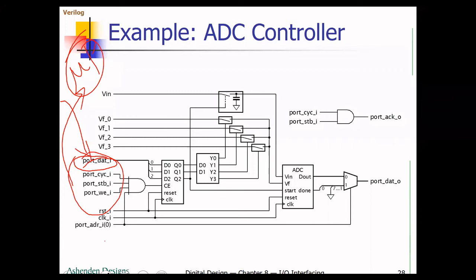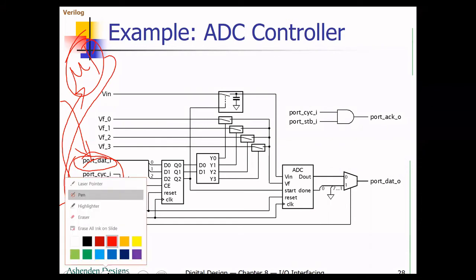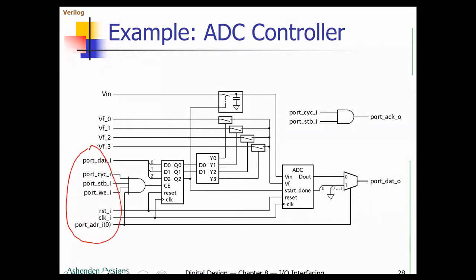Clock in and clock reset in are the inputs for the digital circuits, commonly obtained from an oscillator. Port address in is again an input from the processor. So these are your controller input signals, given from the microprocessor to the controller.